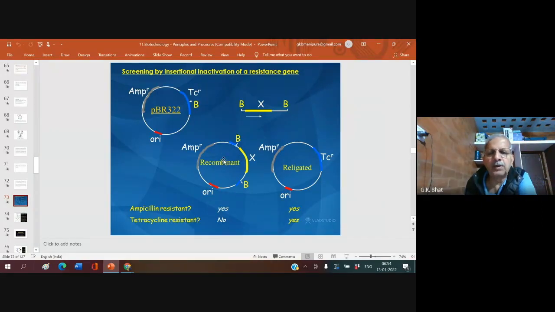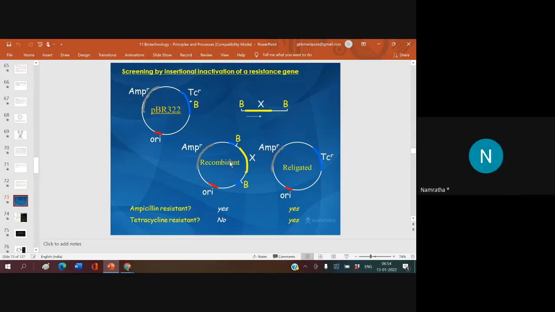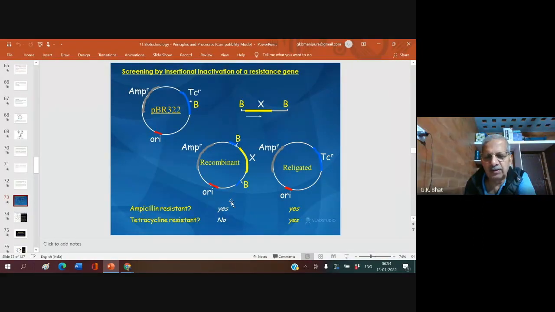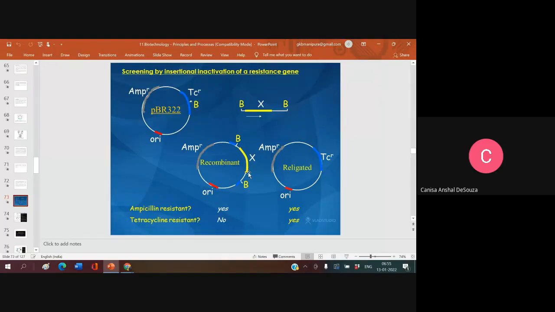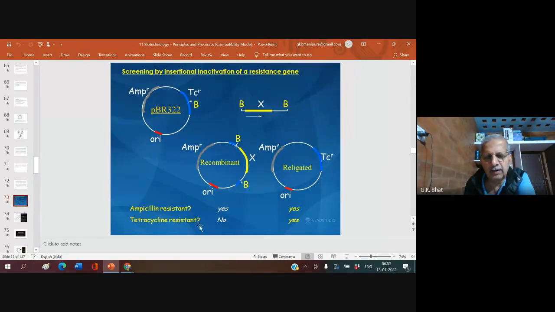Now, does this plasmid still have resistance to ampicillin, yes or no? Yes, ampicillin resistant. Does it have tetracycline resistance? No, it has no tetracycline resistance. All right.